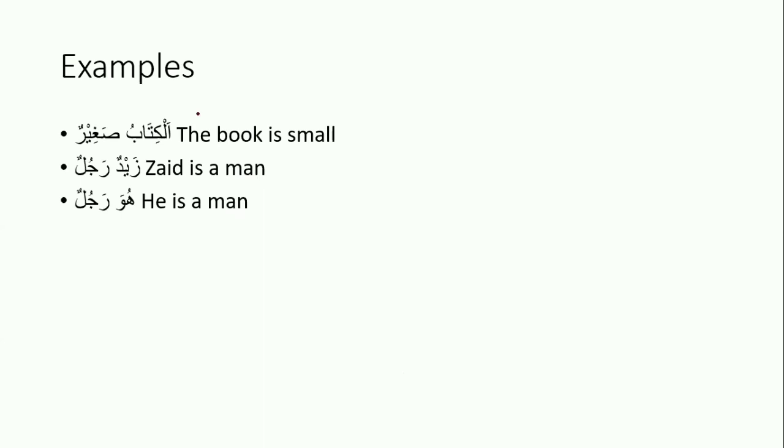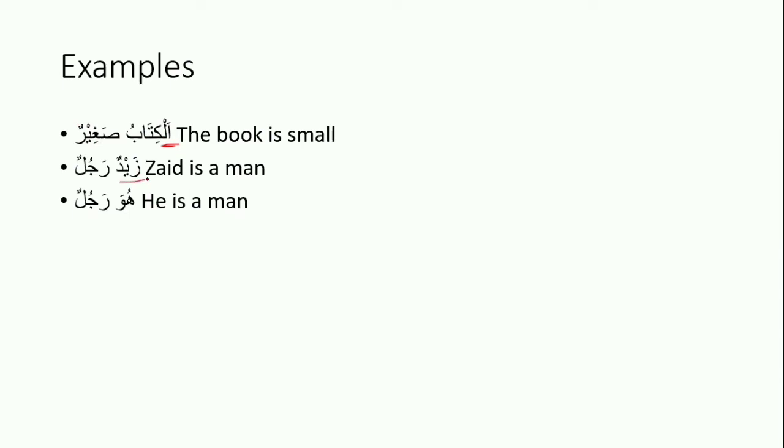The first example is Al-Kitabu Saghirun. Al-Kitabu means the book, Saghirun means small. It's definite with an al article. Because it's definite, it is the subject. Saghirun is indefinite, so it's a predicate.